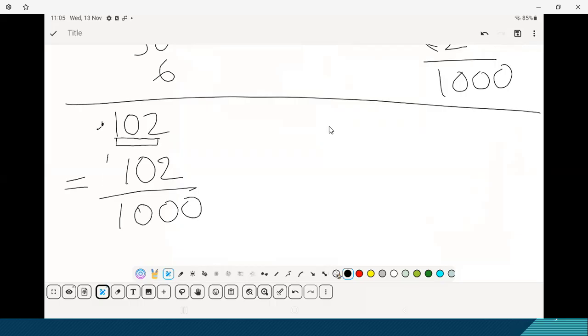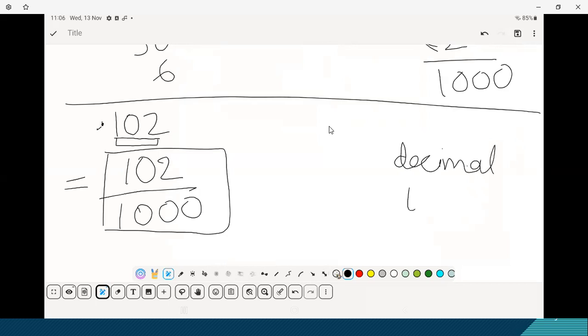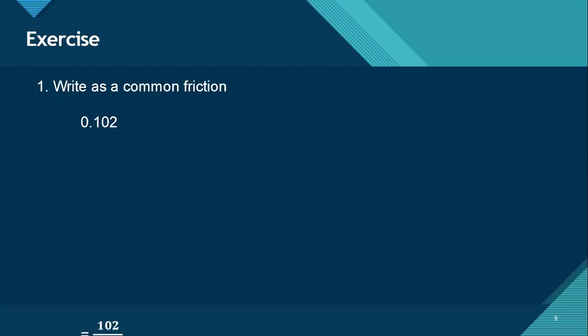So this is a conversion from decimal to fraction number.